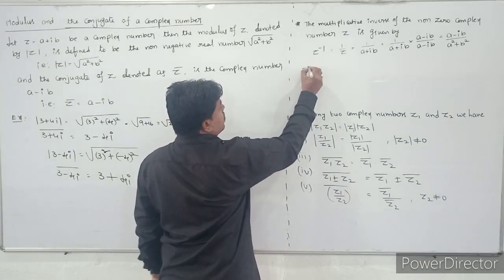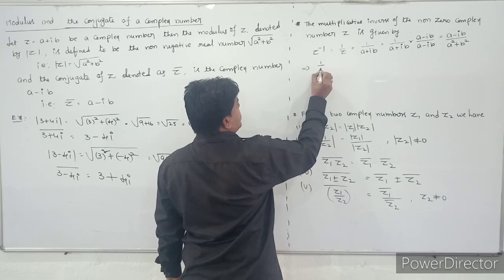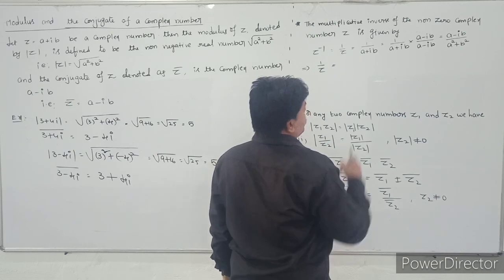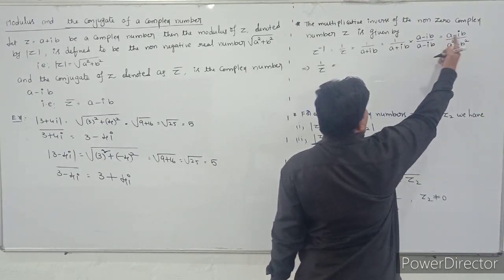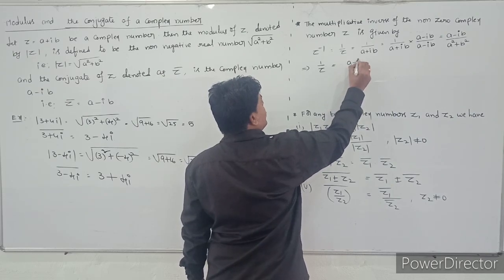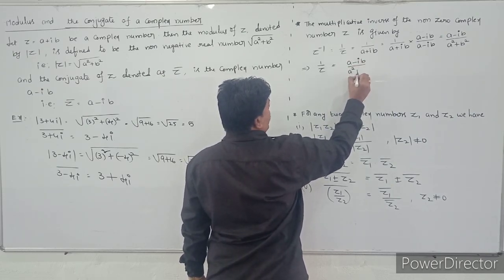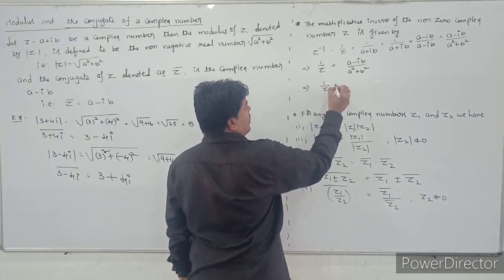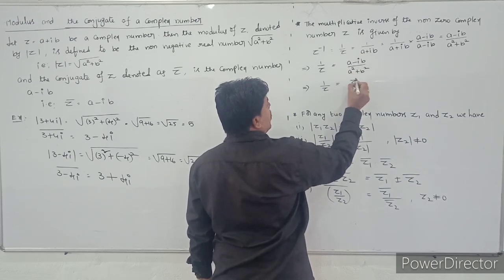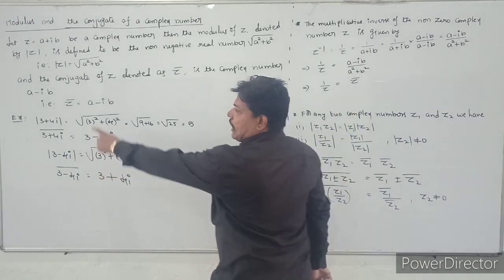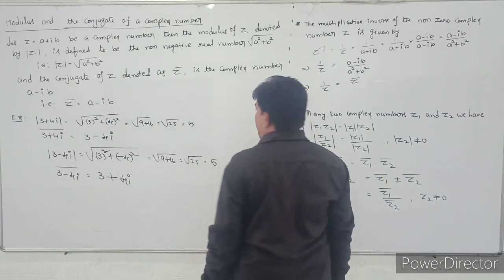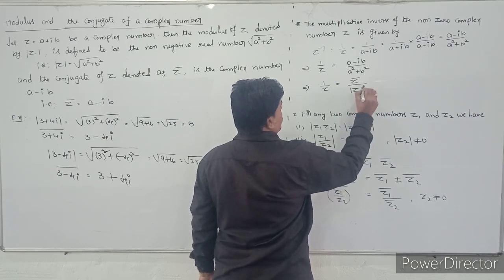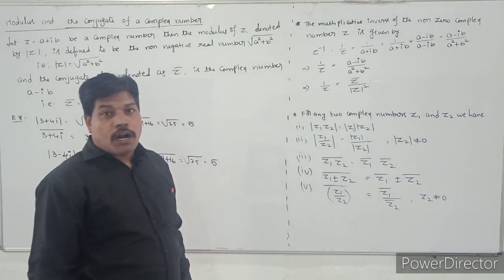So that implies z inverse is nothing but 1 by z, equal to, see the condition students, if z is equal to a plus ib, then a minus ib by a square plus b square. I am deriving a condition here. 1 by z equals a minus ib, which is called z bar, and a square plus b square is mod z whole square.